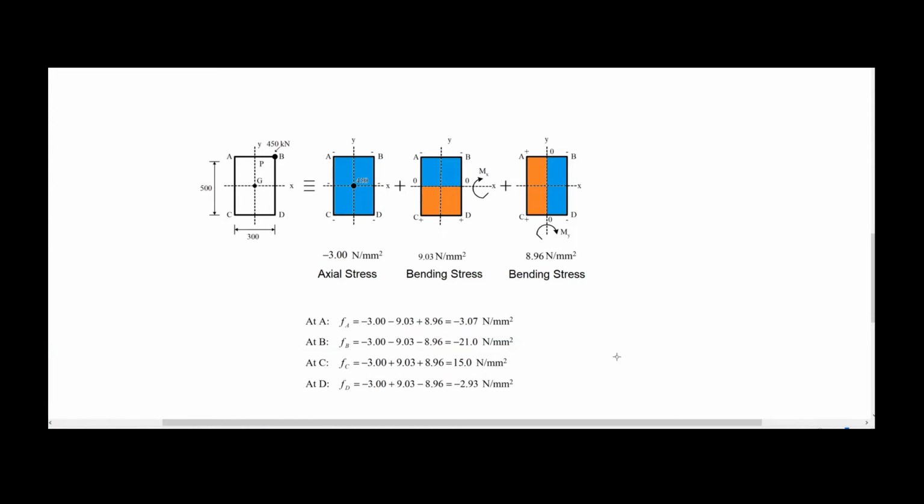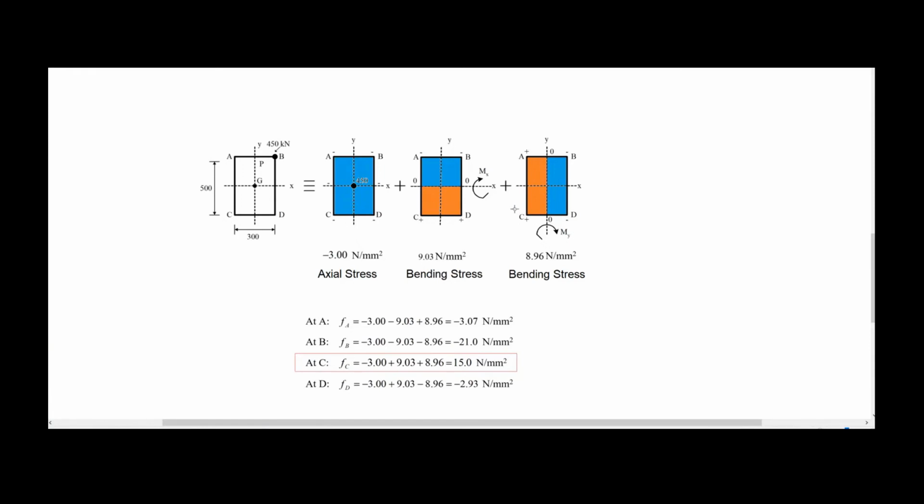You can do the same analysis for the point C. So now we are analyzing the point C, this point in here, opposite to the point where we have applied the load. We have negative values for the axial stress, no doubt. We have positive values for the moment around X because we are in the area of positive axial stresses, or tensile stresses.